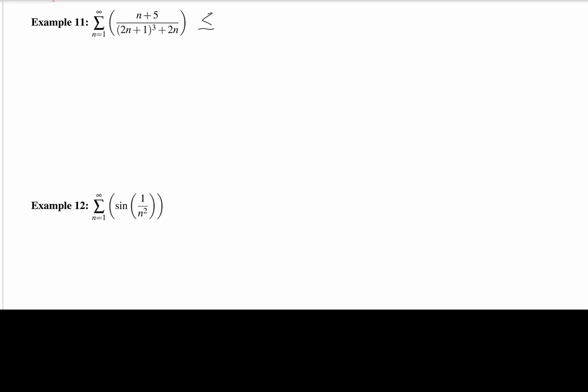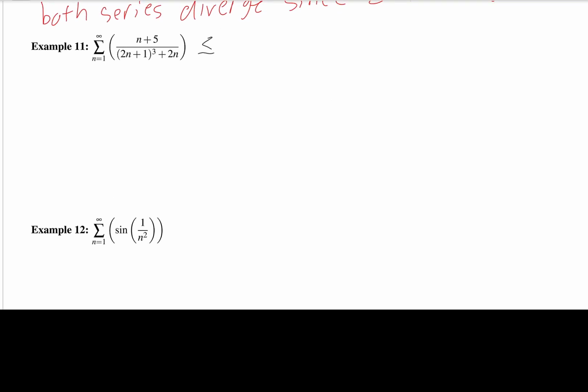So I'm going to change this to less than or equal to 2n cubed. So notice that by removing that plus 2n and by removing that plus 1, I'm making this denominator smaller, which means that the fraction itself has to be getting bigger. Then on top, I'm going to change that from n plus 5 to n.